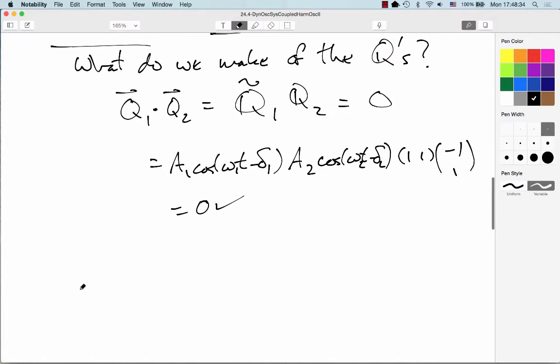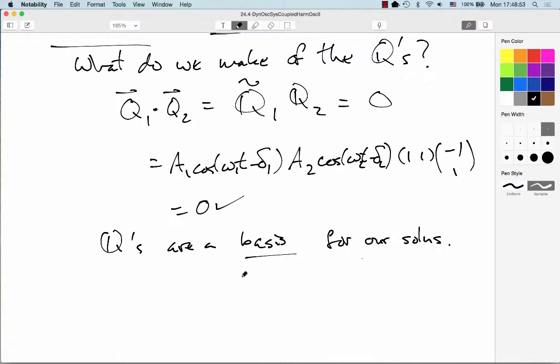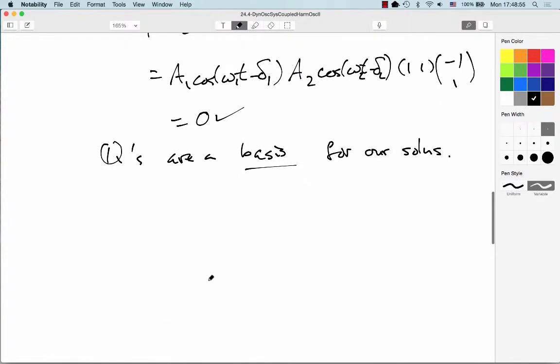So yeah, they are indeed orthogonal. What that means though is that we can use these vectors as a basis. So the Q's are a basis for our solutions. So from a kind of more physicsy approach, we can look at what we call configuration space, where we put x1 like this and x2 like that.